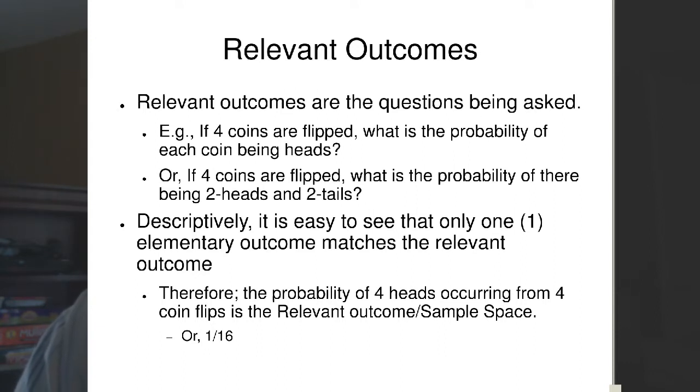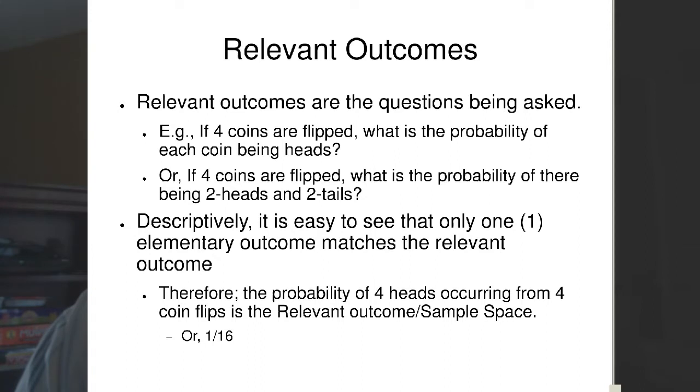So, what are the relevant outcomes? The relevant outcomes are based on the question that we asked. That is, four coins are flipped. What's the probability of each coin being heads or tails? Okay? Very easy to figure out. Well, there's only one way because each of the elementary outcomes, there is a 50% chance of either heads or tails.